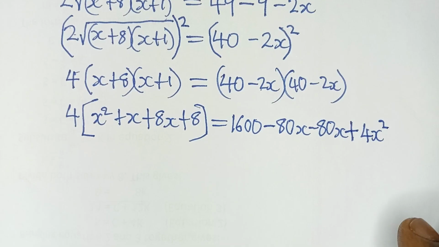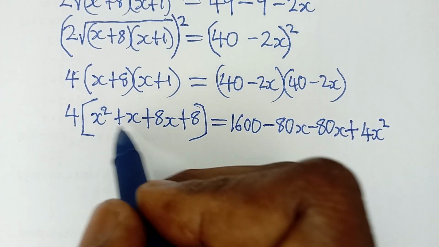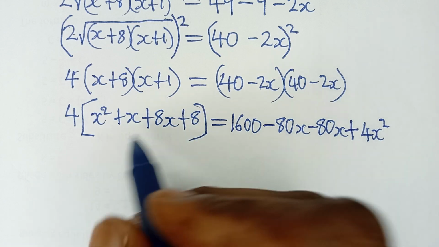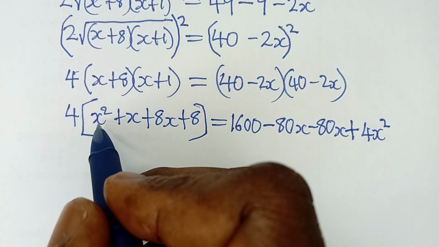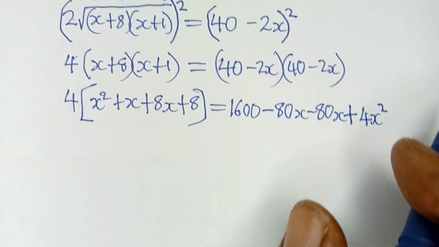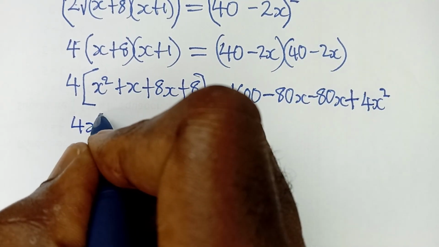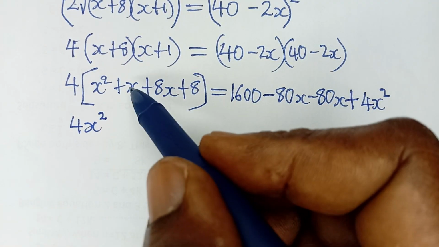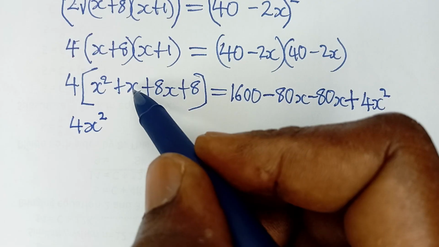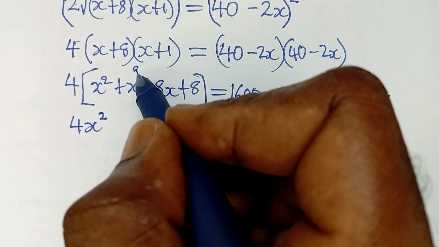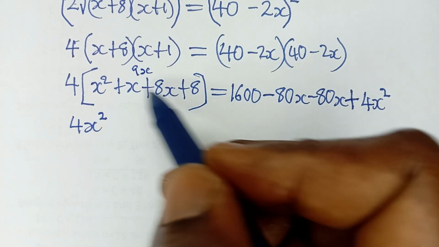Now moving on, let me expand this bracket straight away. So 4 multiplied by x squared will simply give me 4x squared. And then these two are like terms. So x plus 8x is 9x. Don't forget, these two add up to 9x.